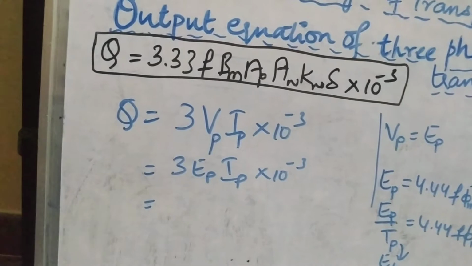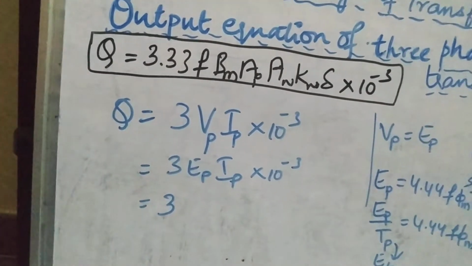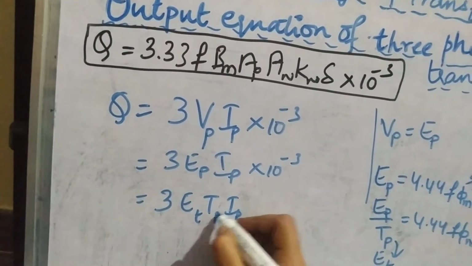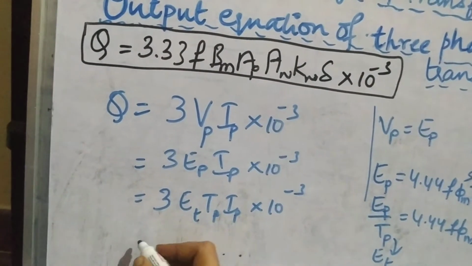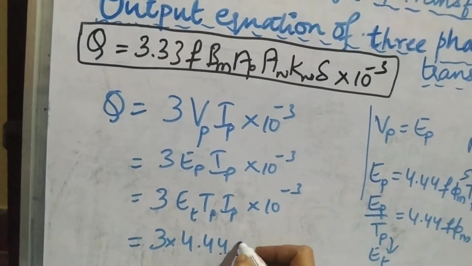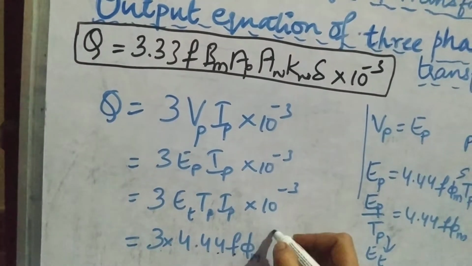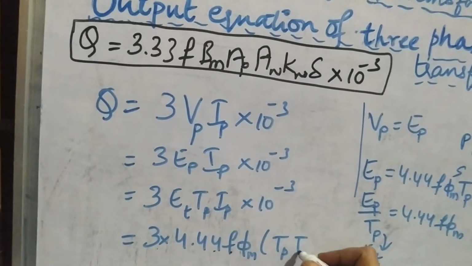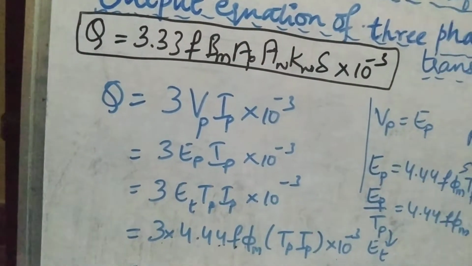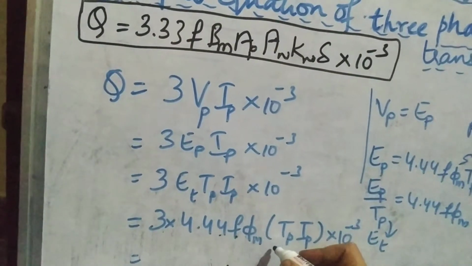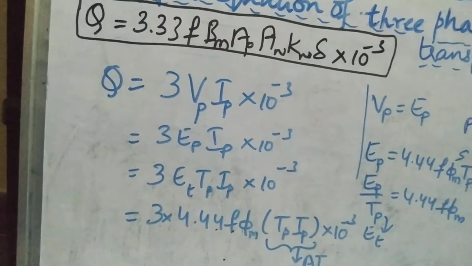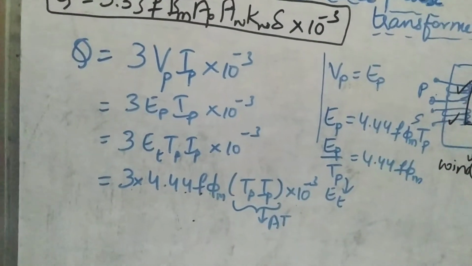Therefore, I can write this as 3 times ET into the number of turns TP into IP into 10 power of minus 3. Let me write ET as 4.44 F into psi m. So we are left with T into IP into 10 power of minus 3, the unknown we are going to determine. This is nothing but the ampere turns. So let us find out what the ampere turns will be.